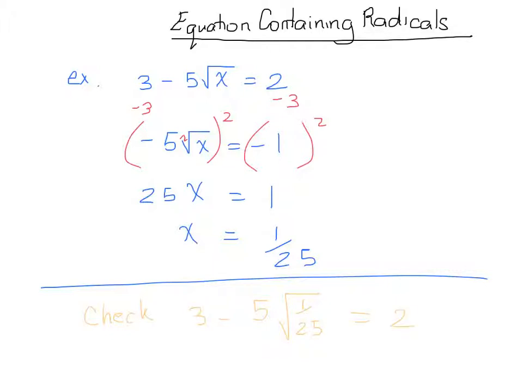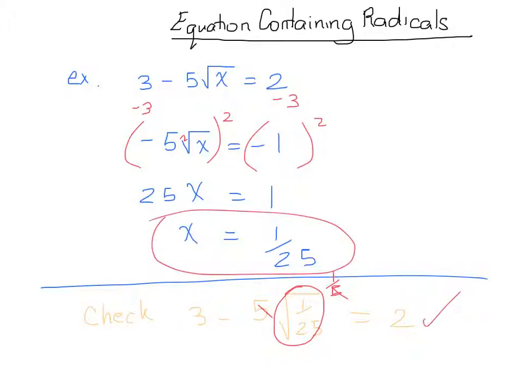Well, the square root of 1 over 25 is 1 over 5, and our 5's would cancel, so 3 minus 1 is in fact 2. So it looks like we're right. Cool. That one wasn't so bad because we didn't have an x over on this side. It gets a little bit harder if we do have an x over on this side, so let's try another example.